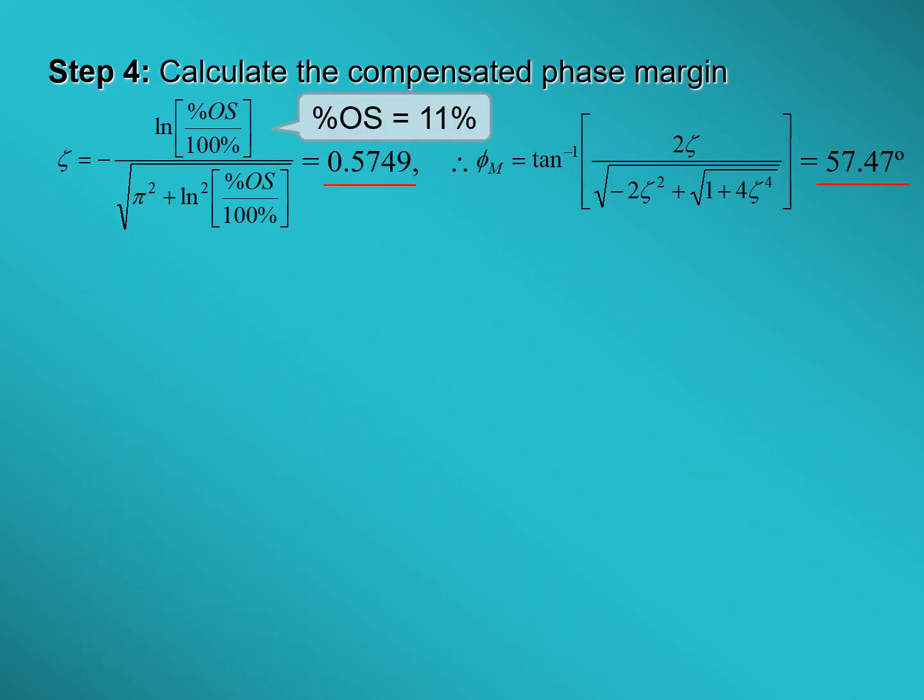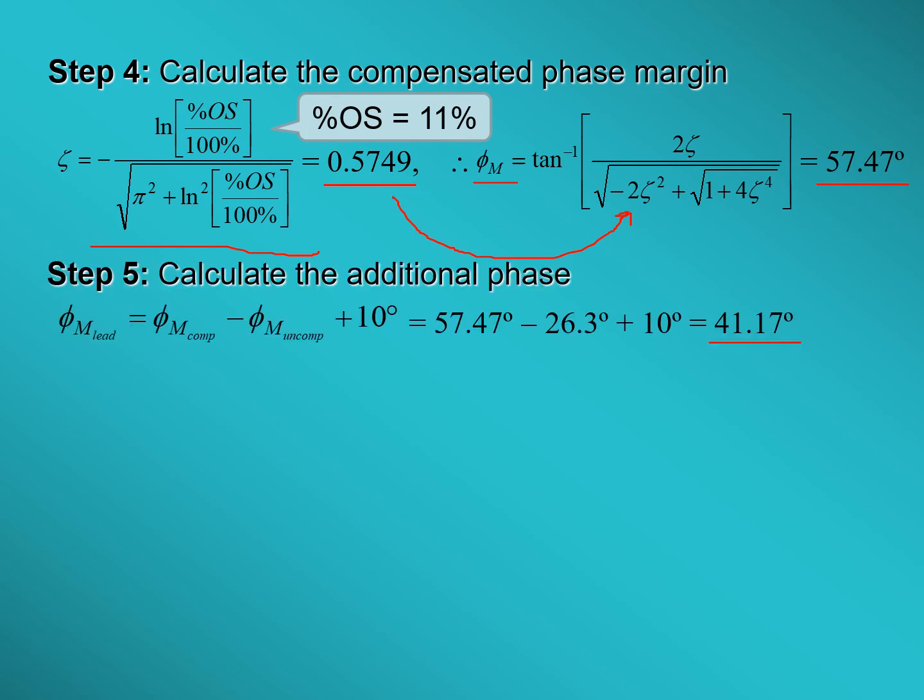Step number 4, calculate the compensated phase margin, using this formula that you learned in chapter number 4. You first calculate the damping ratio, which equals 0.5749. Then you input this value in this formula to find the phase margin, 57.47 degrees.